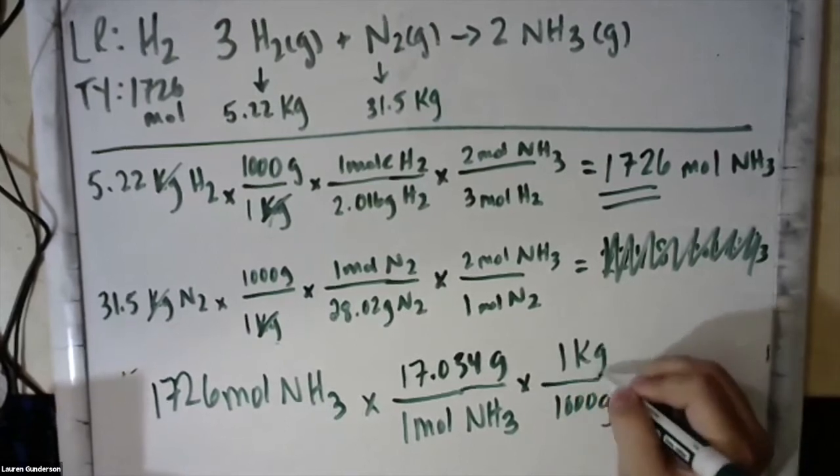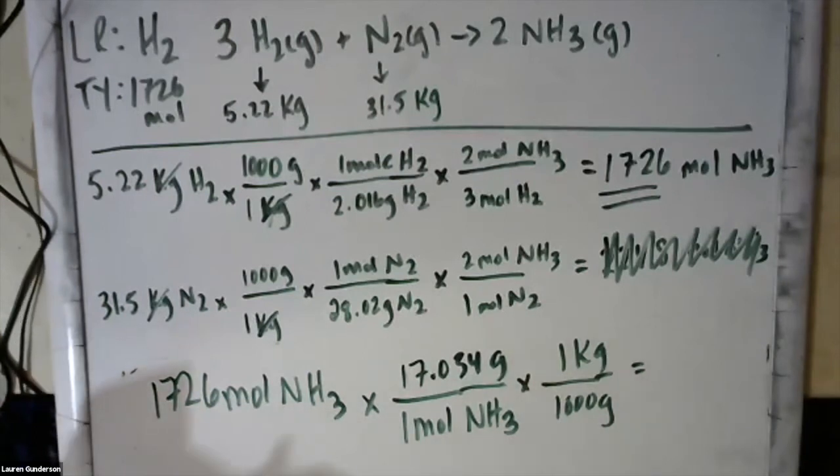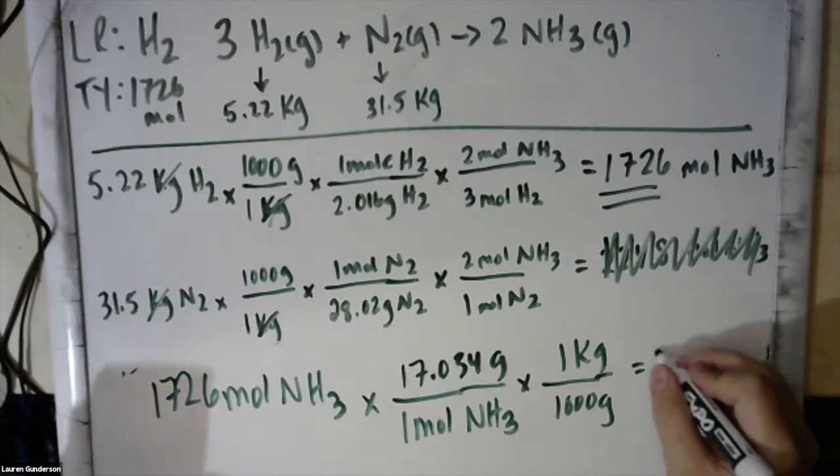But again, the problem didn't specify the units of your theoretical yield. Oh no, it did. All right, so we're doing the right thing. 1726 times 17.034 divided by 1,000. Okay, so our theoretical yield in terms of kilograms will be 29.4.